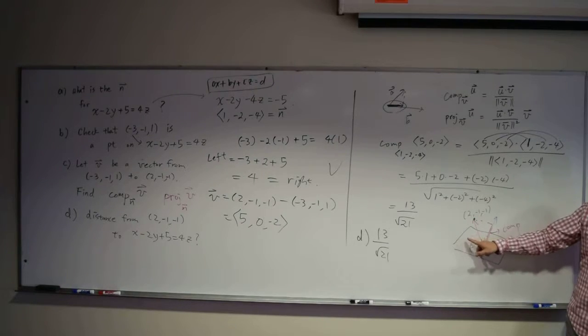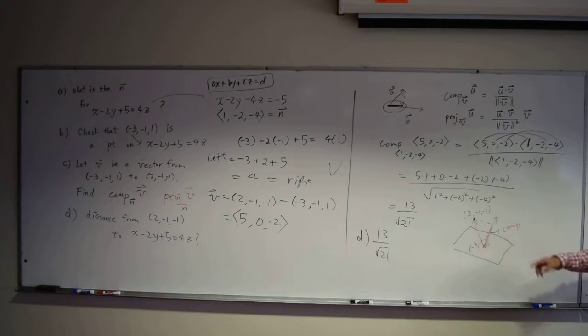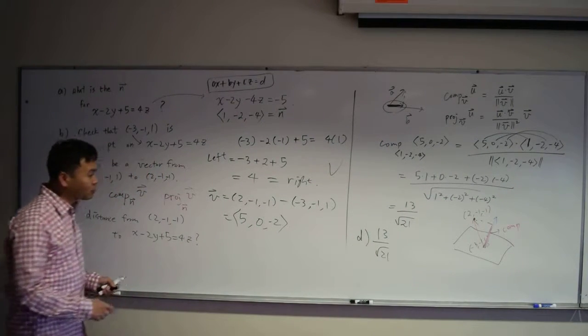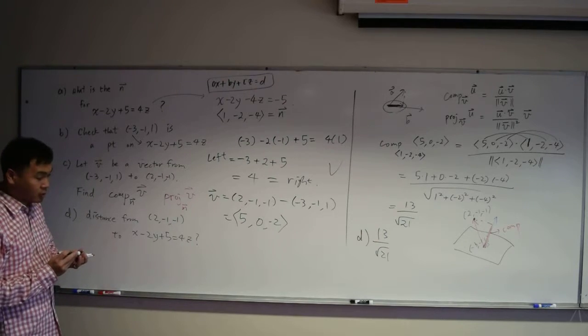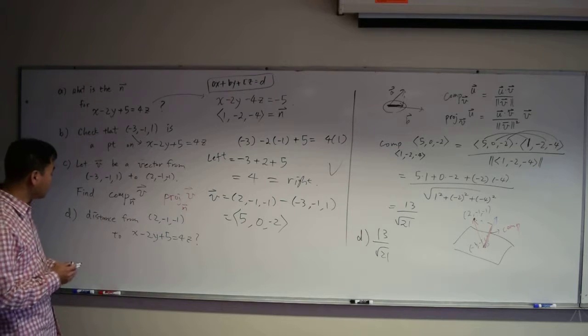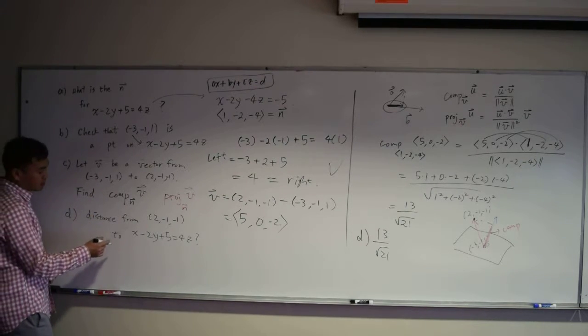The shortest distance from the point to the plane is exactly the same as the component. And I think I actually wrote down the formula. So C and D will give you the same answer.